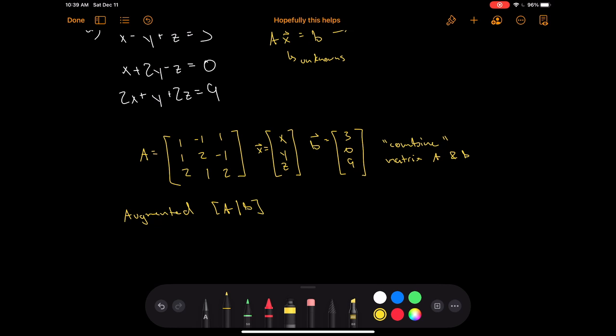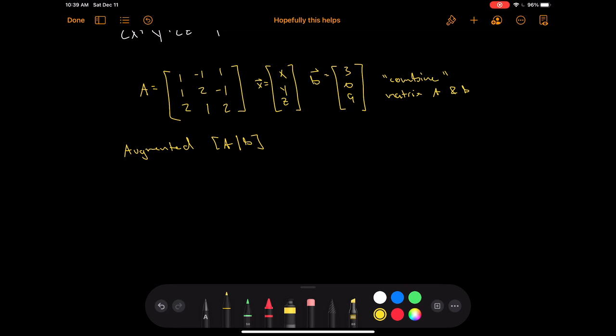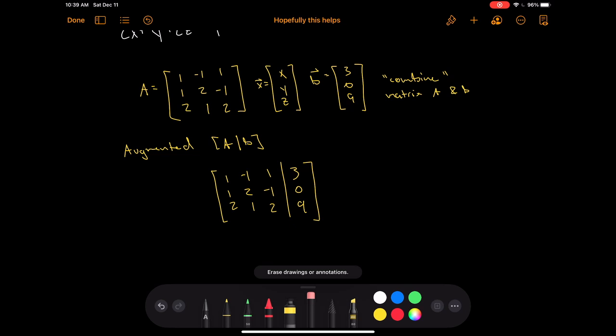All we have to do is substitute our A and b. So this would be 1, 1, 2, negative 1, 2, 1, 1, negative 1, 2, then our line, and then 3, 0, 9. And so now we have our augmented matrix.